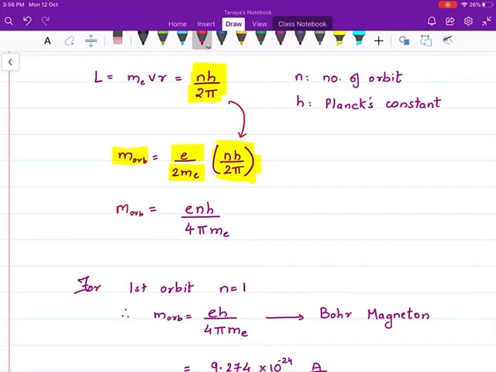So this shows that the orbital magnetic moment depends on n. It is directly proportional to n, where n is the orbit. If it is the first orbit, m orbital is lesser. If n goes on increasing, this m orbital is going to change.